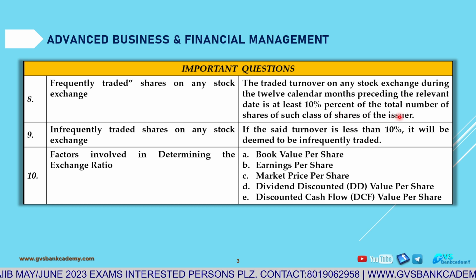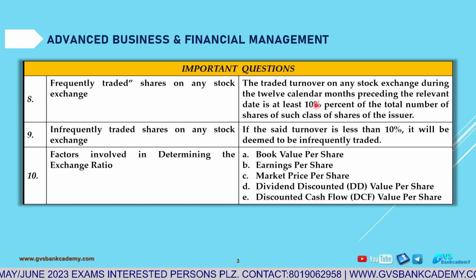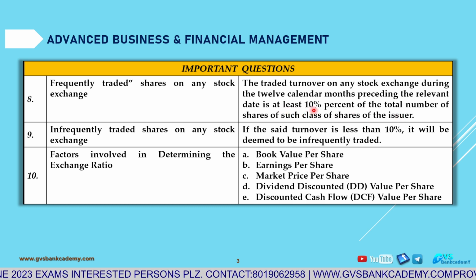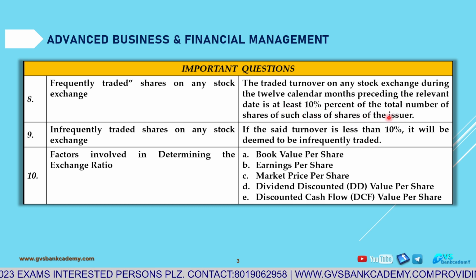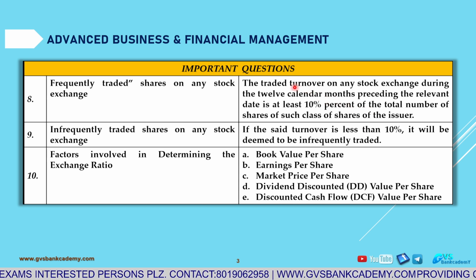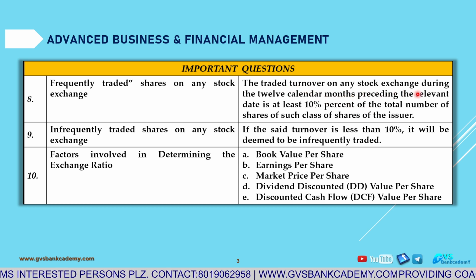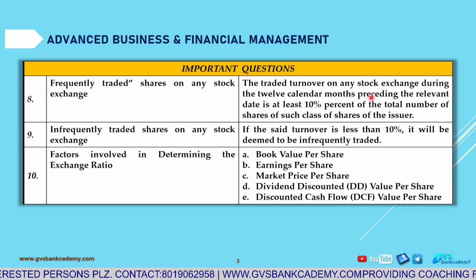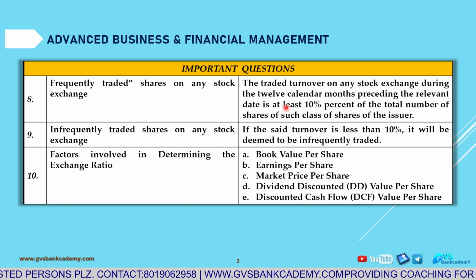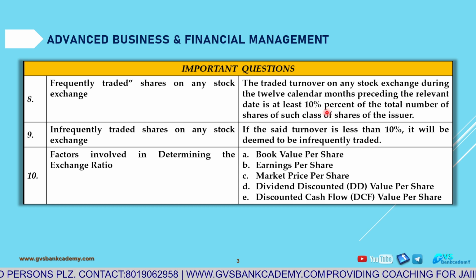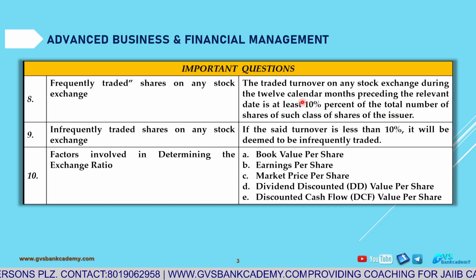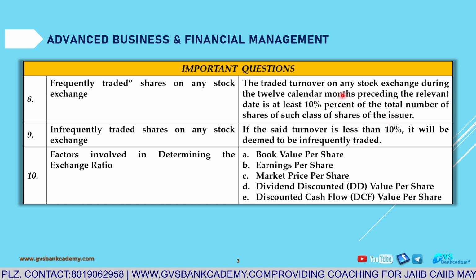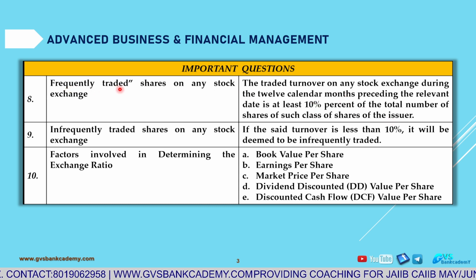At least 10% means 1,000 shares. If at least 1,000 shares, 10% of the issued shares, are traded during the 12 calendar months prior to the relevant date, that is frequently traded shares.